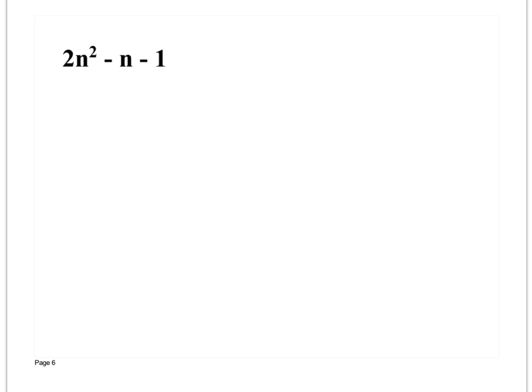If c is negative, that means they have to be opposite signs, right? And if b is negative, what does that tell me? The larger one is negative, right? Because they add, even though they're opposite signs, they add and give you a negative sign. So I'm going to break n, which is 1n, into negative n and positive n.